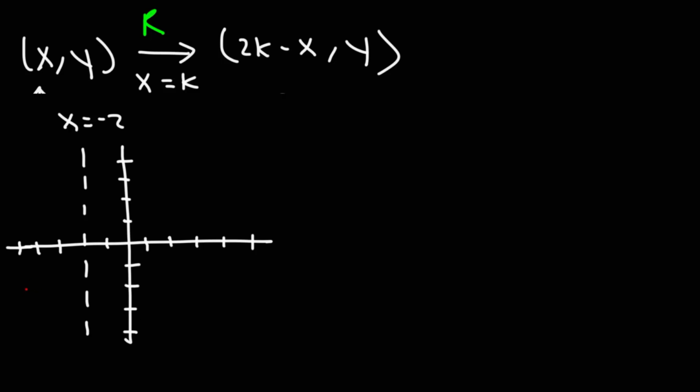Go ahead and find the reflected values for this point here, which is (-5, -3), and also let's say this point here, (1, 2).